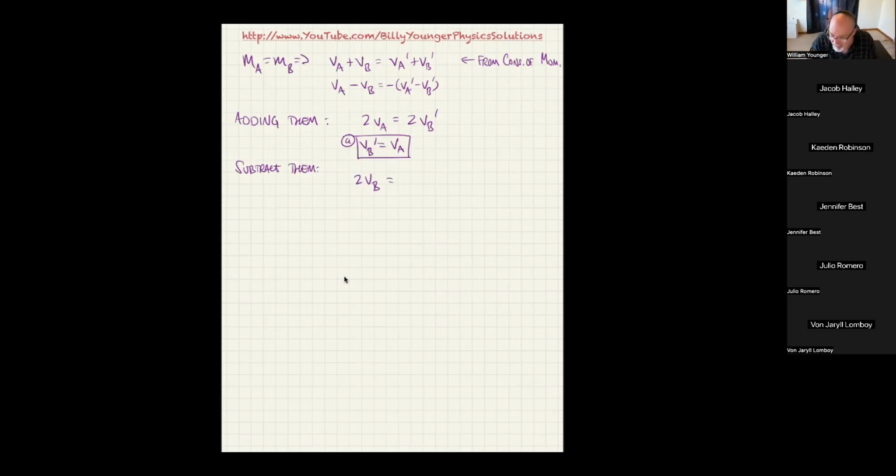That's plus VA prime. So you get 2VA prime. And VB minus positive VB prime gives you 0. So in this case, we found that VA prime is equal to VB prime, or equal to VB. So now we see that they just trade velocities.